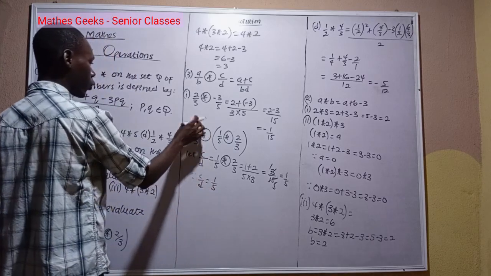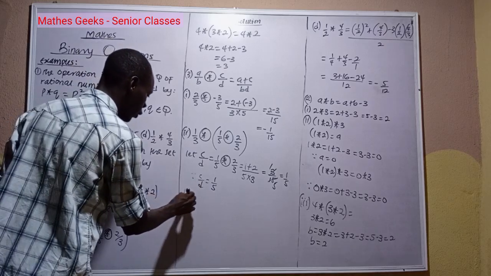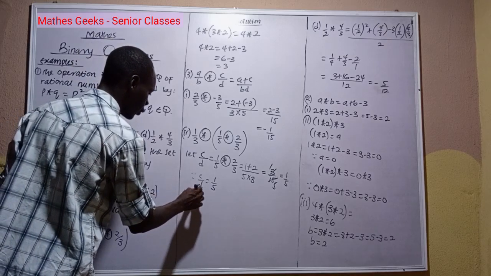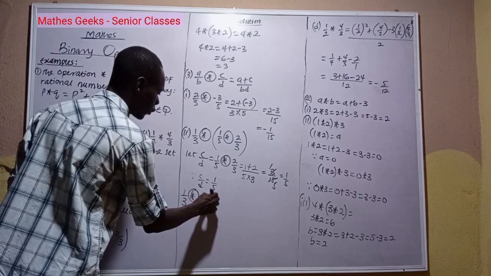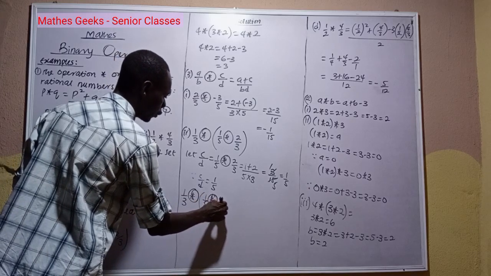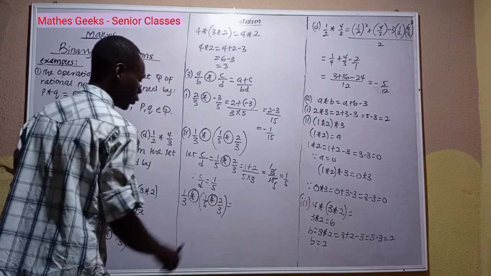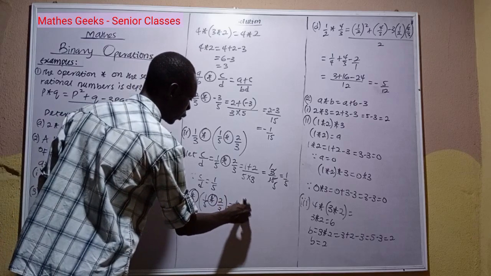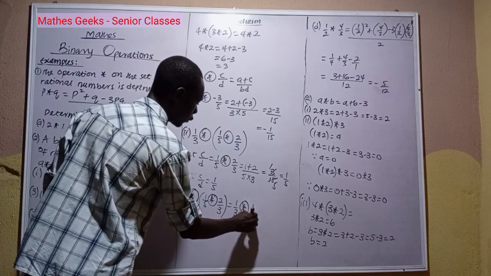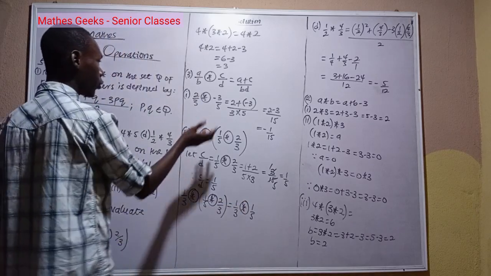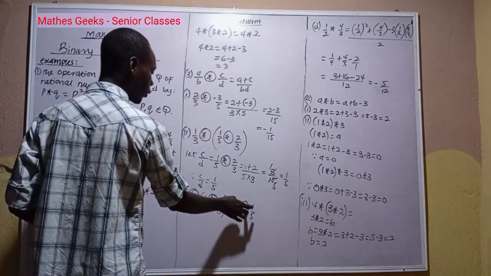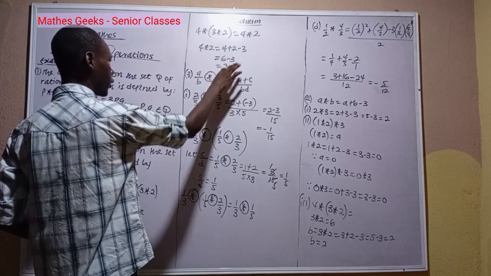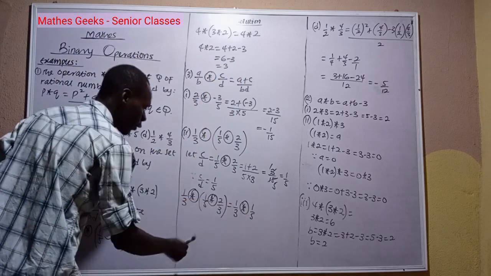Now, we're going to come back here. So 1 over 3 operation 1 over 5 operation 2 over 3 is equal to 1 over 3 operation 1 over 5. So now we have the binary operation of A over B operation C over D, where 1 over 3 is A over B and 1 over 5 is C over D. So now let's carry on this equation.